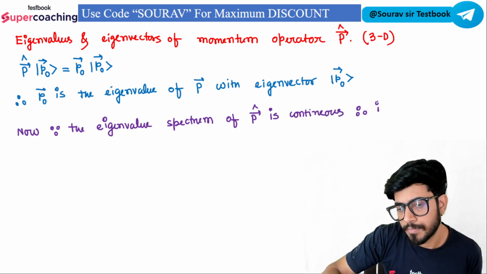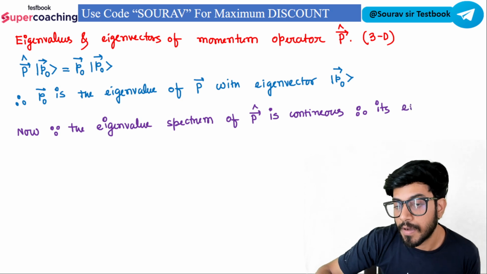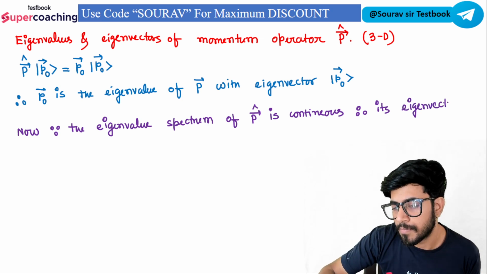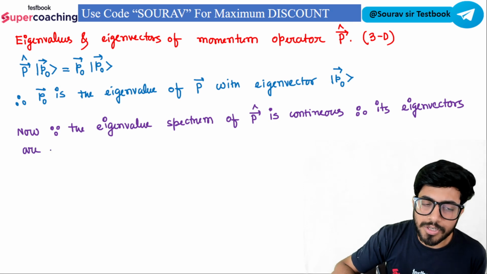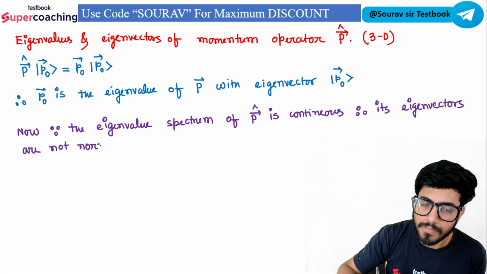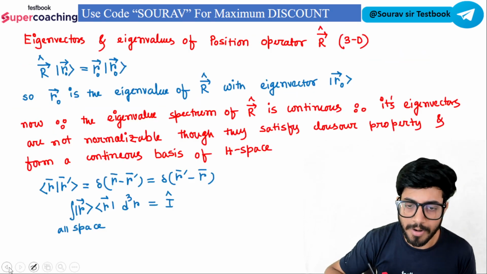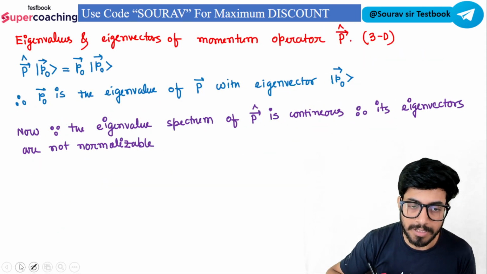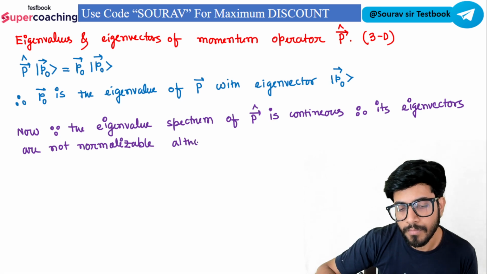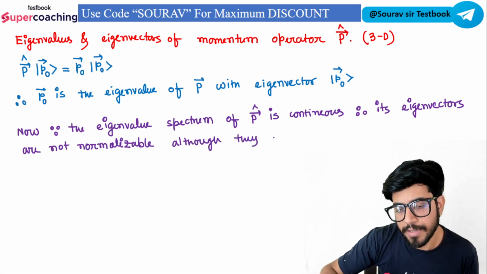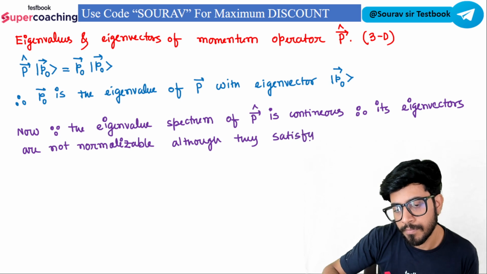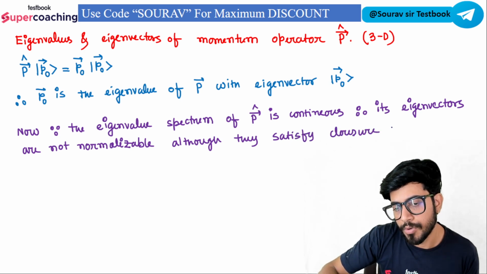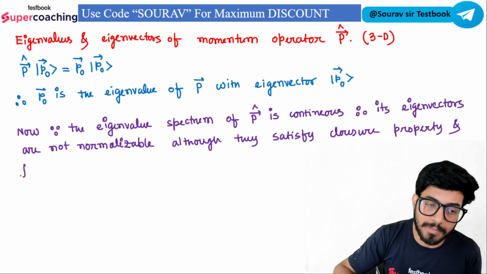Therefore, its eigenvectors are not normalizable, although they satisfy the closure property and form a complete orthonormal basis and form a continuous basis of the Hilbert space.